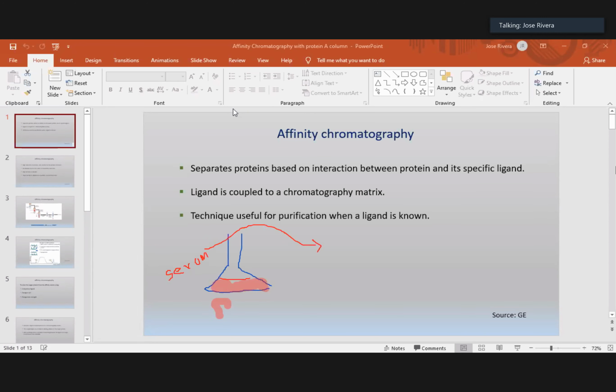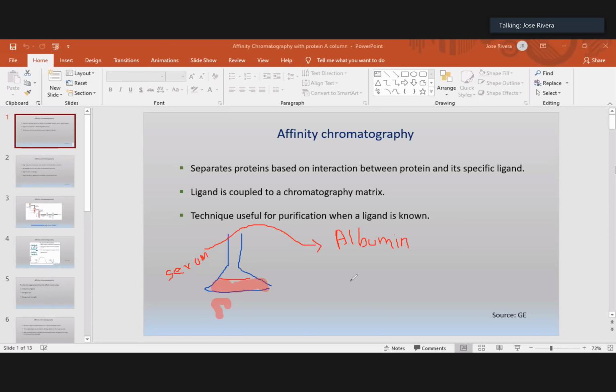Anybody remember? Albumin. Very good. The major one is albumin. Excuse me. This is my last class today, so I'm kind of losing my voice. So yes, you have albumin, in very large quantities, right?